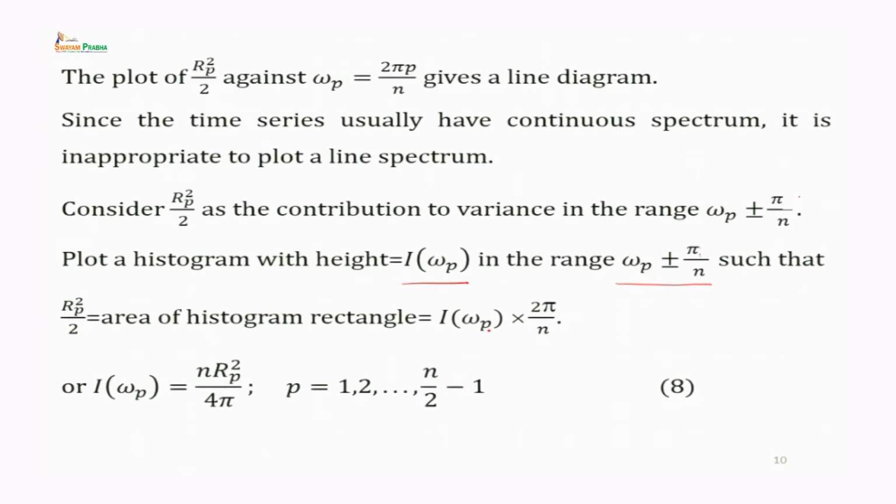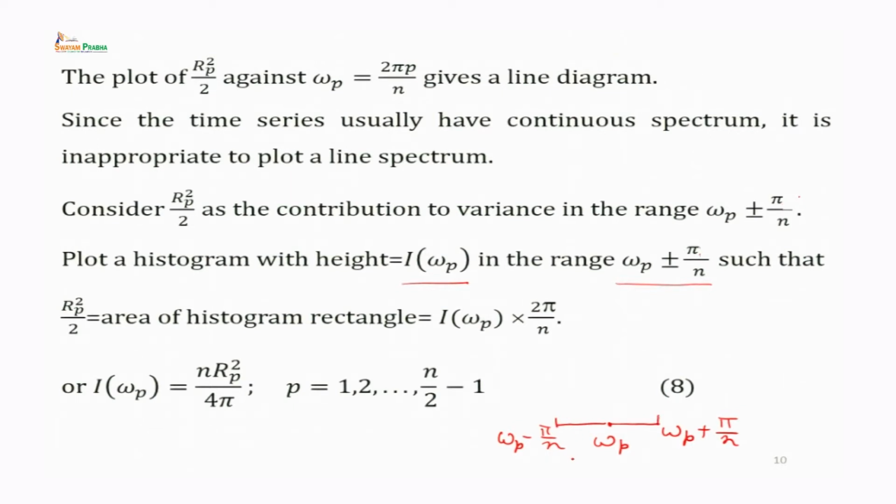So, suppose you have this point omega_p, then you are considering the interval omega_p plus pi by n and omega_p minus pi by n.